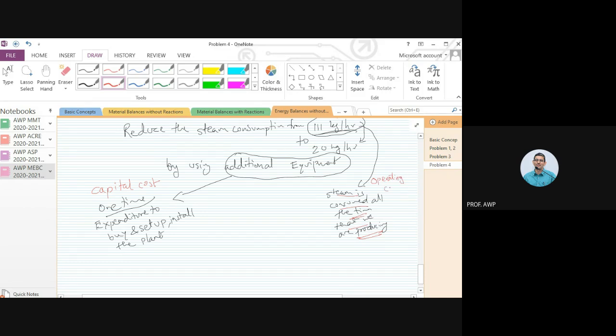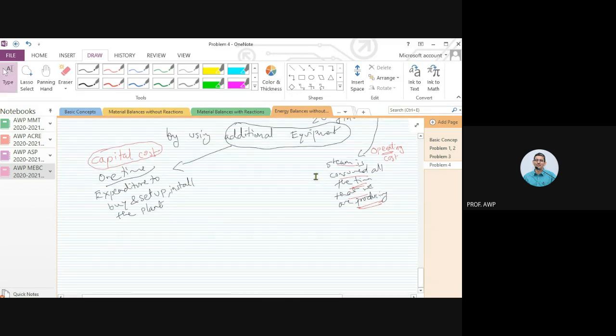It is incurred whenever I am operating the plant and making salt, whereas this is only one time. Do you agree with that? These are just two names. More about capital cost and operating cost in semester 7. There is a subject called chemical project economics.